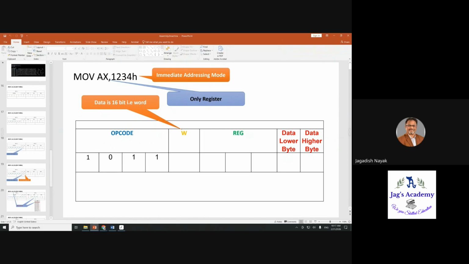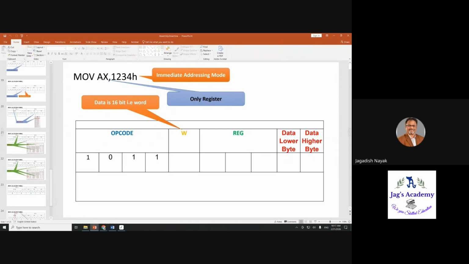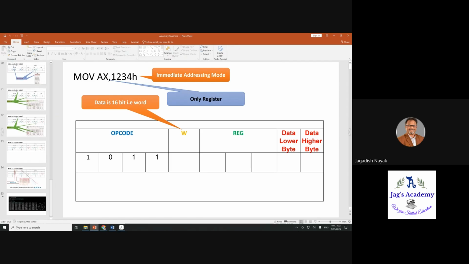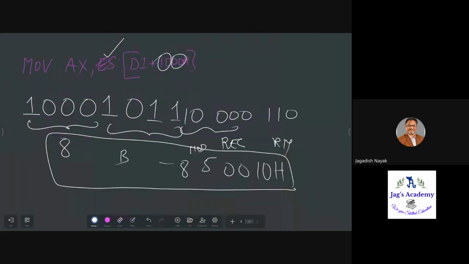Ah, here it is. Which one is overridden here? ES, right? I will give you a table for all this, don't worry. What is the code for ES? 26. So you just put 26 before 8B. So your final machine instruction is 26 8B.